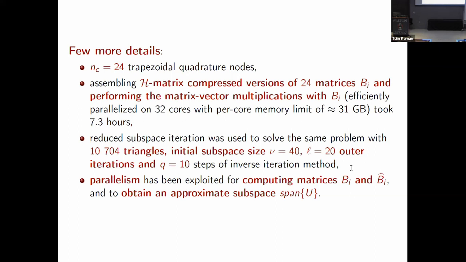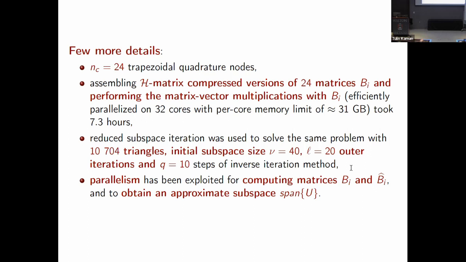We had the initial subspace also for these 24 trapezoidal quadrature nodes. We had to assemble matrices using H-matrix compressed versions for these coefficient matrices, because the problem is so large that even these coefficient matrices were large.